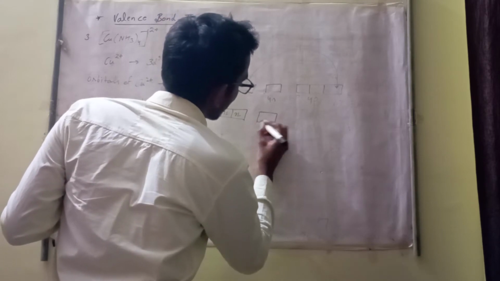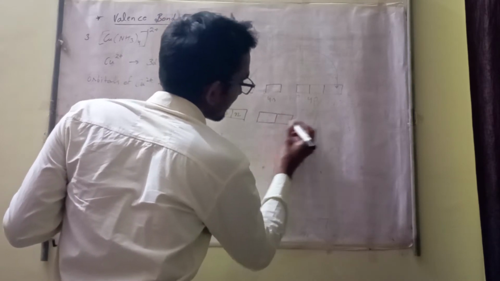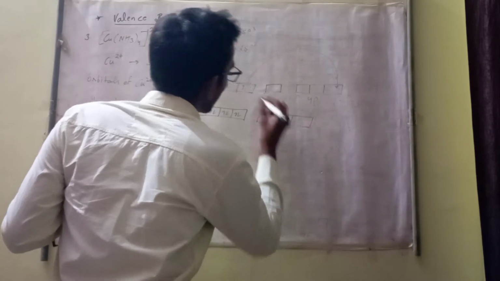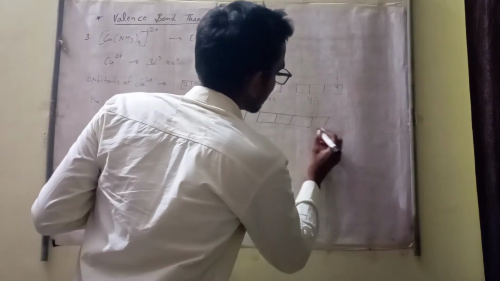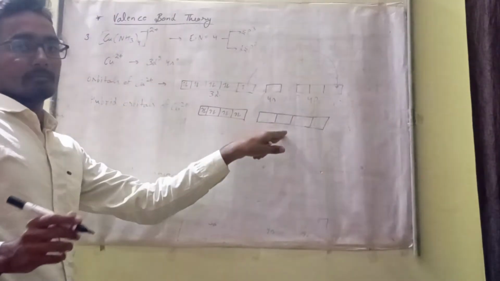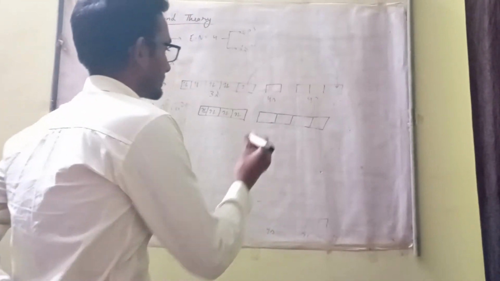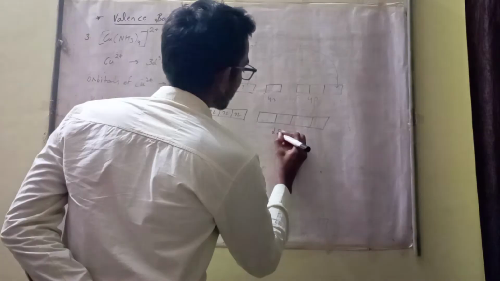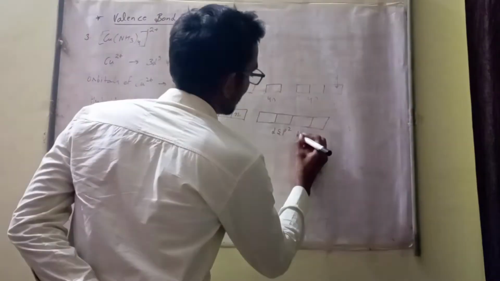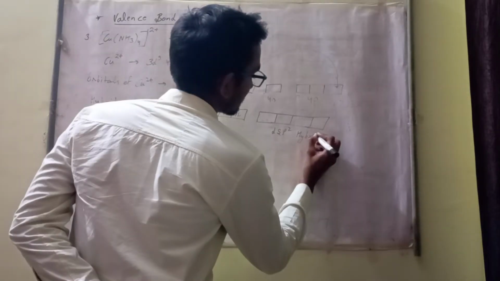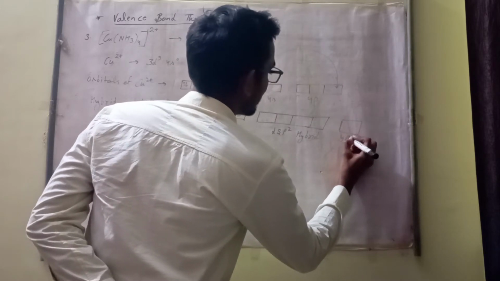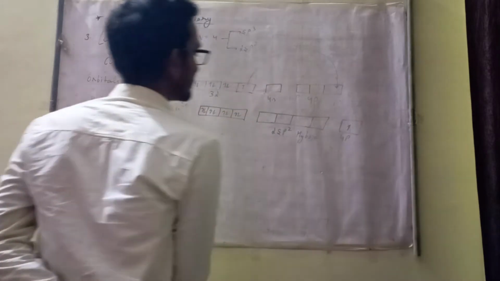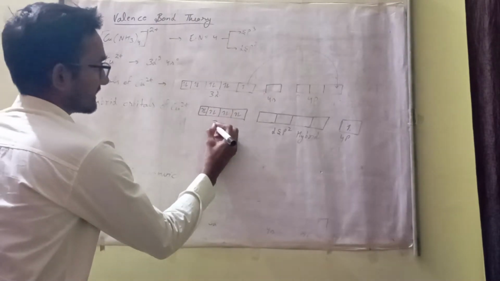One of the d orbitals, one of the s orbital, and two of the p orbitals are involved in the formation of hybrid orbitals. This is your dsp2 hybrid, and one of the p orbitals is remaining, 4p, where one electron is present, and this is your 3d.